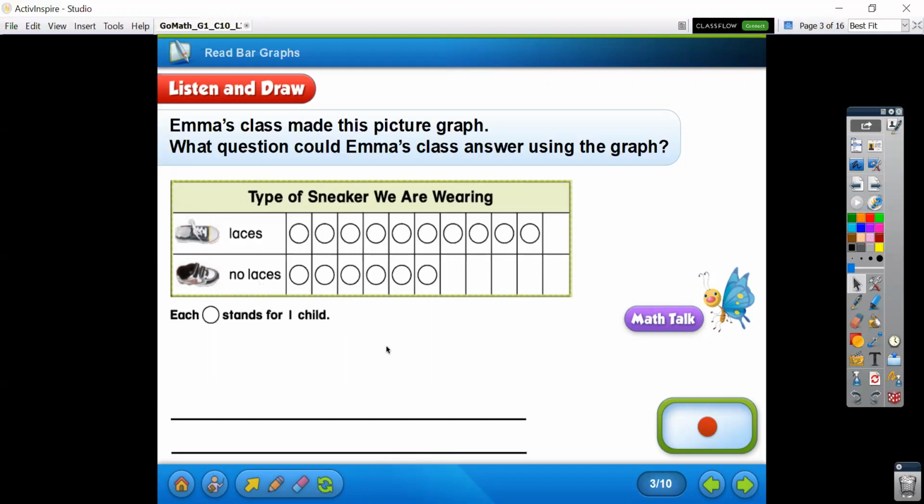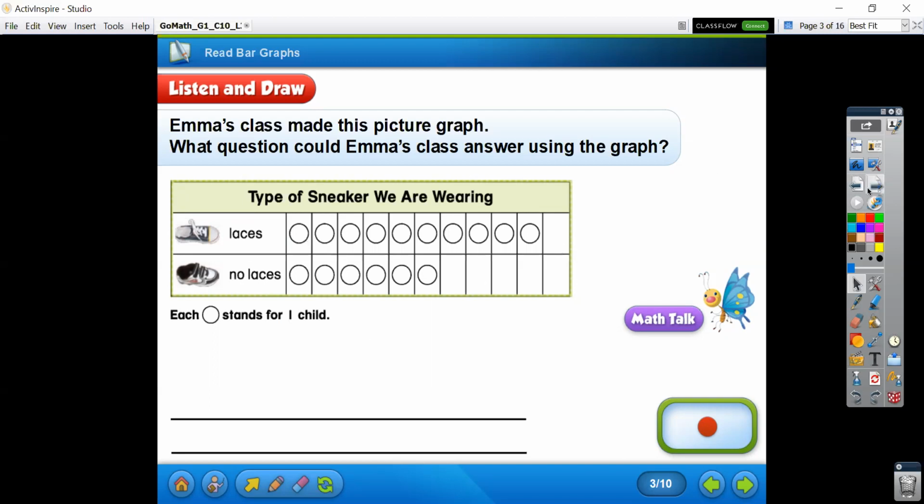All we do is count the circles: 1, 2, 3, 4, 5, 6, 7, 8, 9, 10. Ten shoes had laces. 1, 2, 3, 4, 5, 6 had no laces. So we can see just by counting the pictures. That's what a pictograph is.